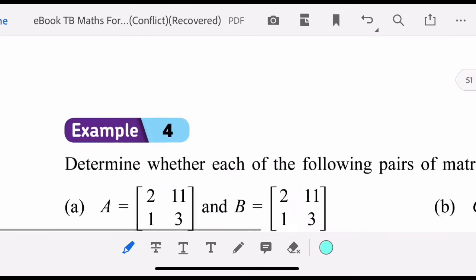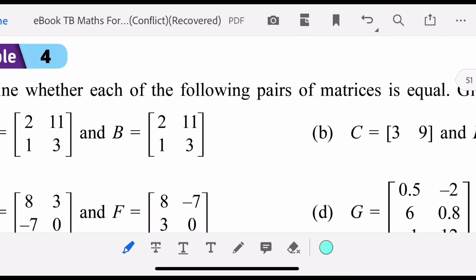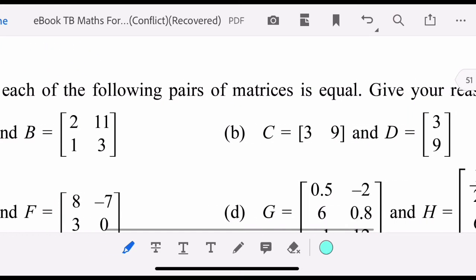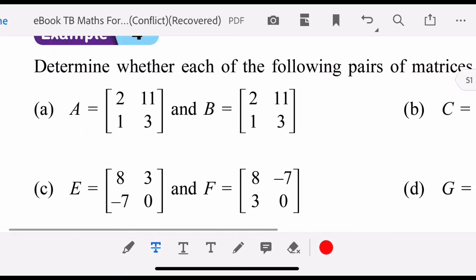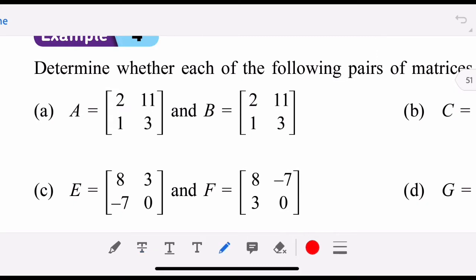Alright? So determine whether each of the following pairs of matrices is equal. We want to determine whether they are equal, and you have to give the reason. It's very simple. We check the order first. This is 2 by 2. This is 2 by 2.